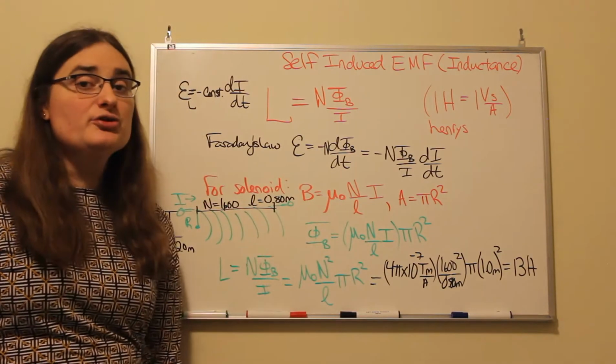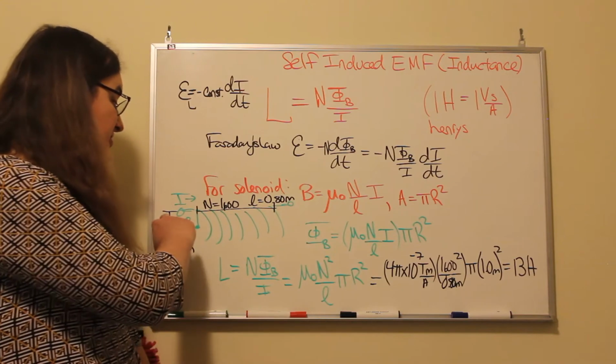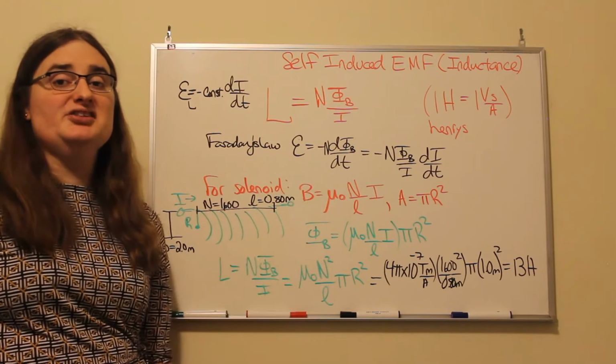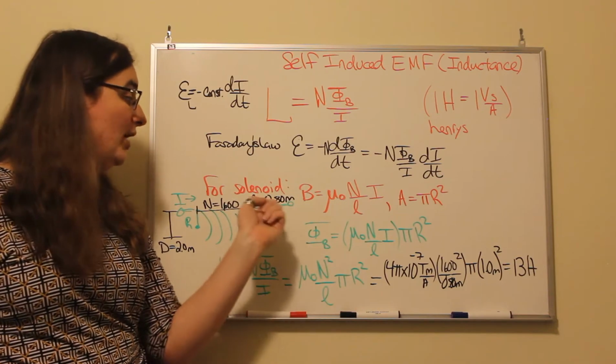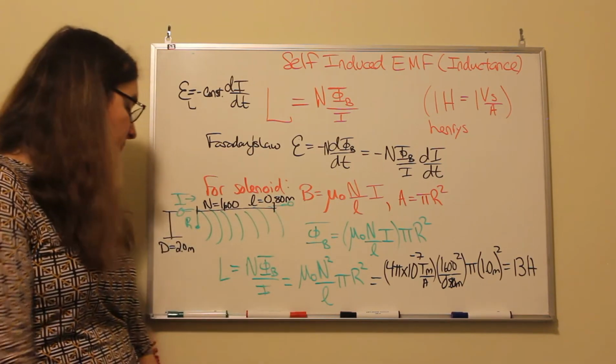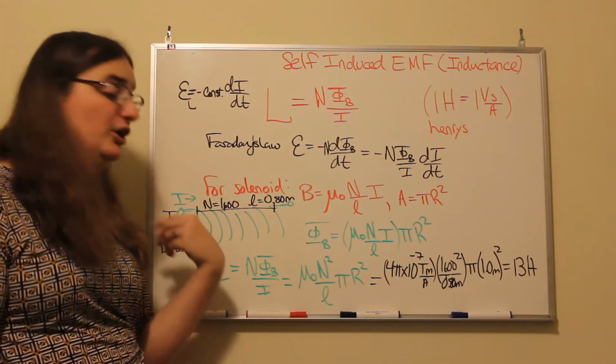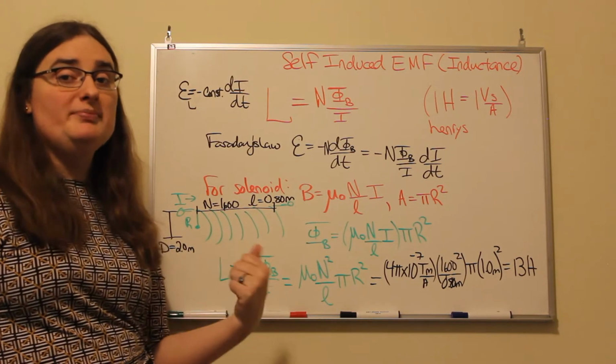So let's take a closer look at a solenoid. For this particular solenoid, it happens to be 0.8 meters long, and there are 1,600 loops of wire making up that solenoid. And each one of those loops has a diameter of 2 meters, so the radius would be 1 meter.